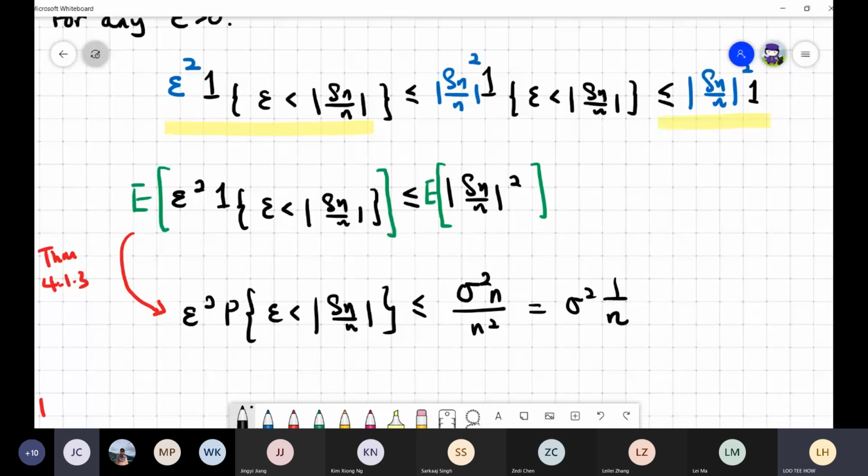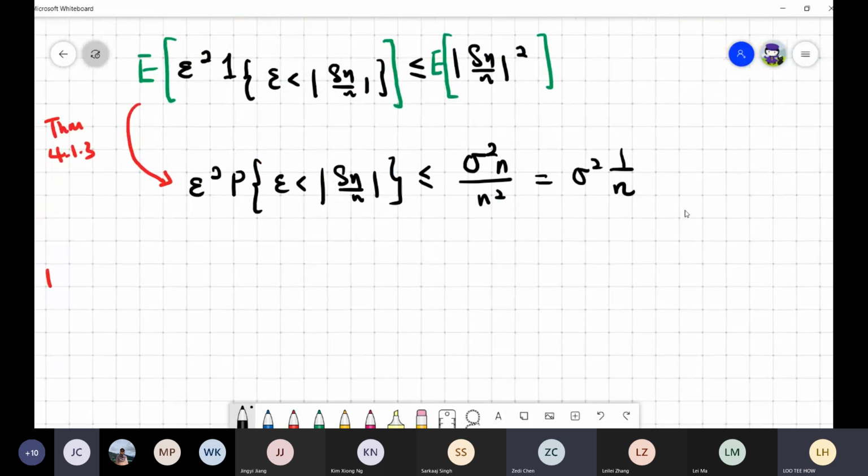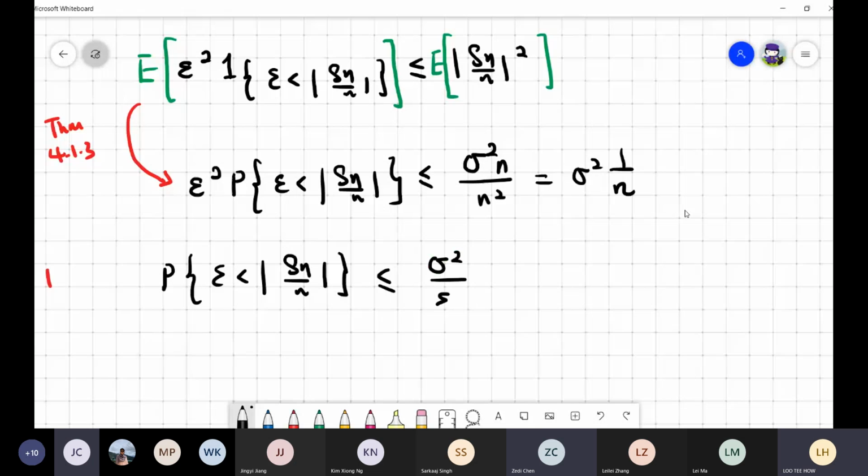So this is always less than this. Then we can bring it over, and we can see P of this is always less than or equal to sigma squared over epsilon squared times 1 over n.